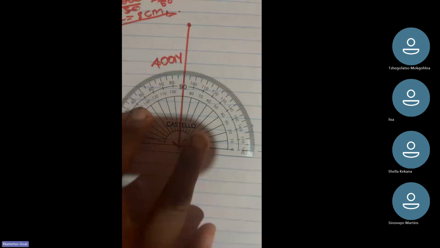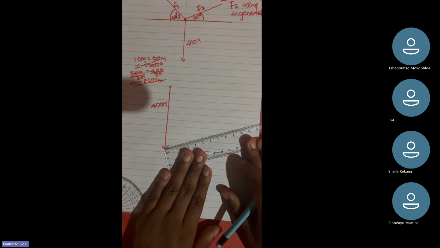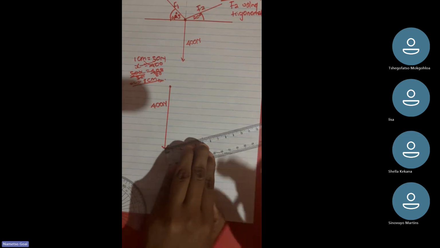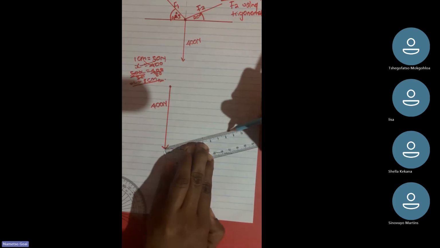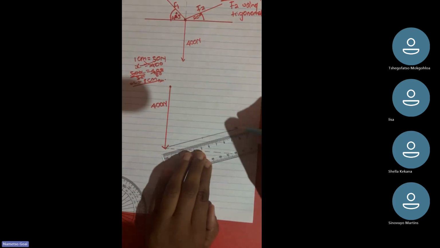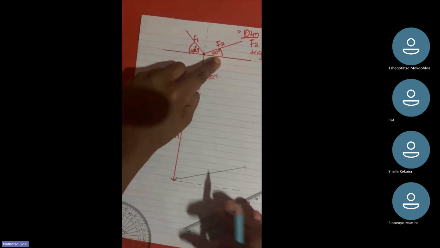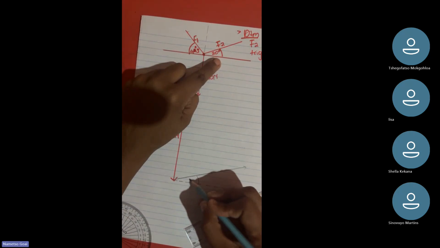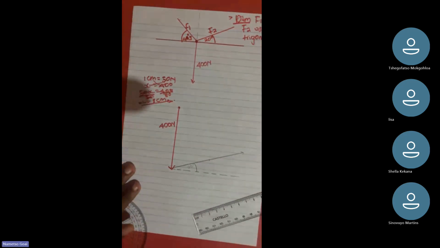That's the point over there. This point and this point will connect to your F1. But remember, you don't know exactly what F1 is, so you could just draw it haphazardly like this. You're trying to determine what this angle is. From here, you know that this is 20 degrees. Hold on to that thought.